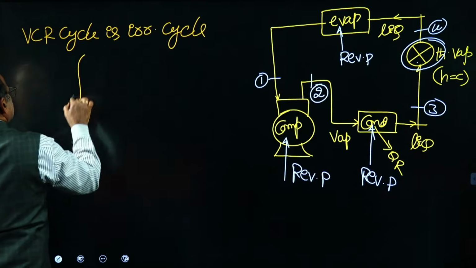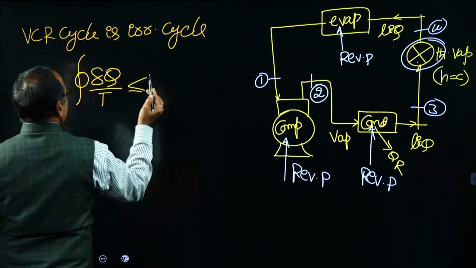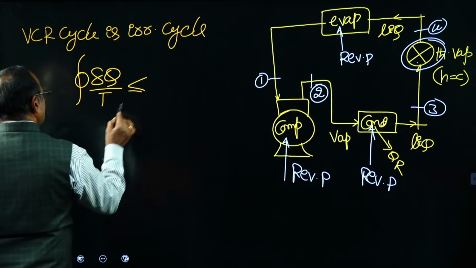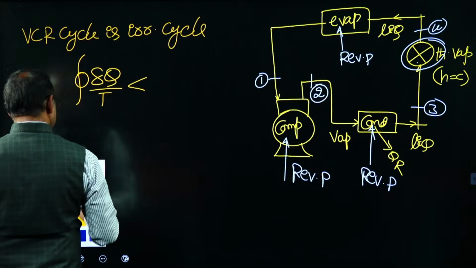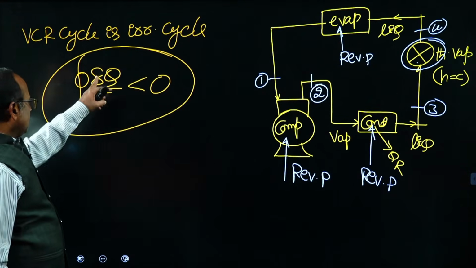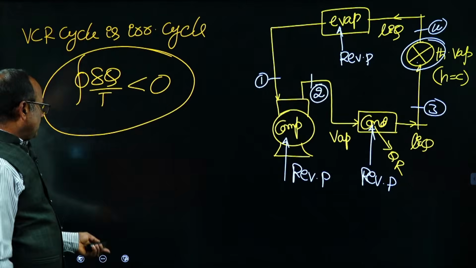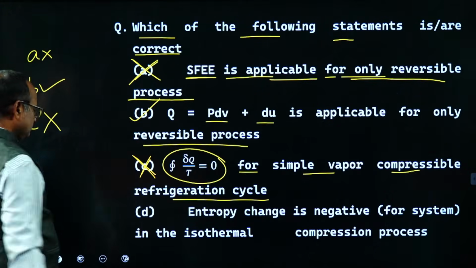For an irreversible cycle, cyclic integral del Q by T is less than 0, according to the class. For the vapor compression refrigeration cycle, cyclic integral del Q by T is less than 0, but what is given? Equal to 0, absolutely wrong, C is wrong.